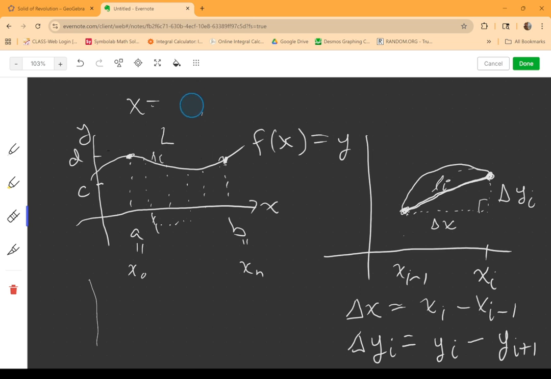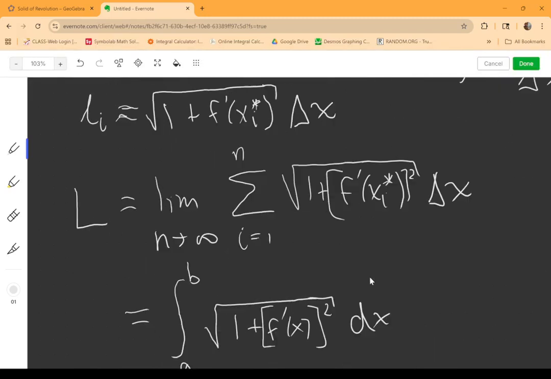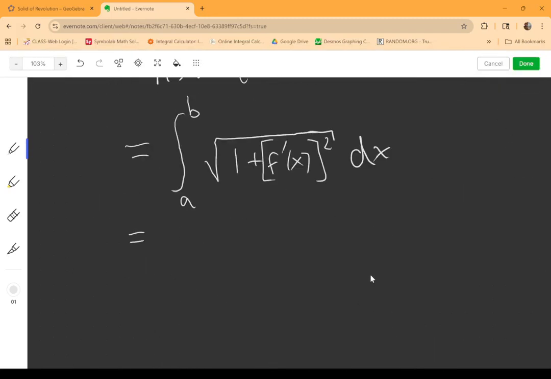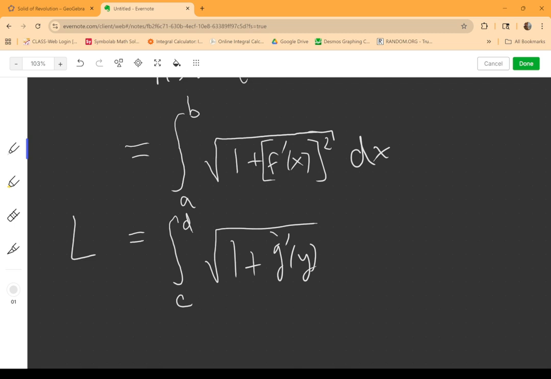In that case, L would be the integral from c to d of the square root of 1 plus g prime of y squared dy. Same formula, just with a different variable in mind.